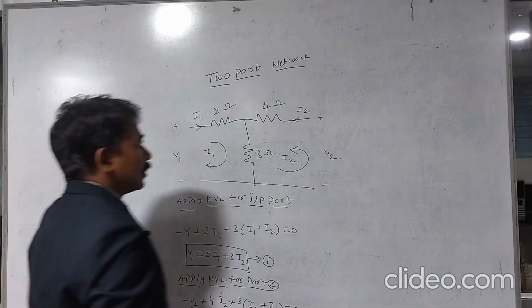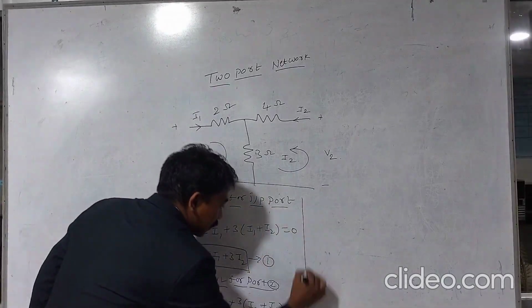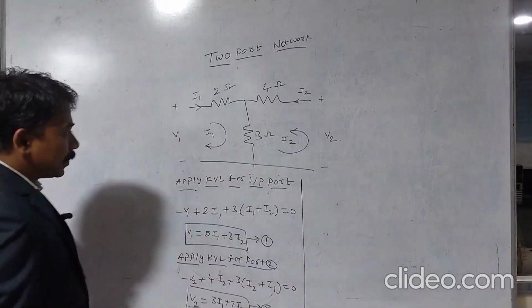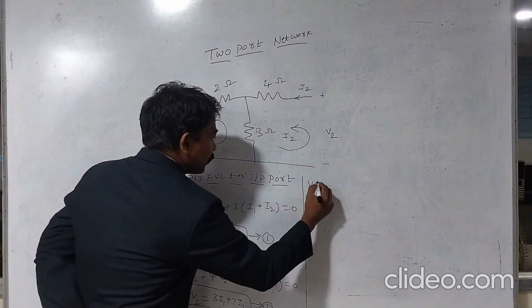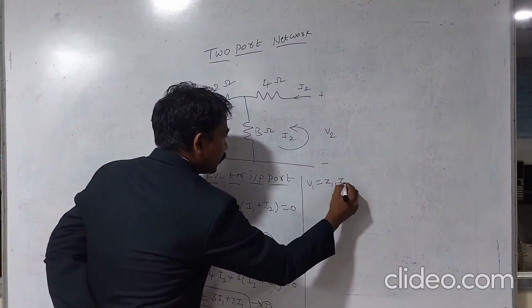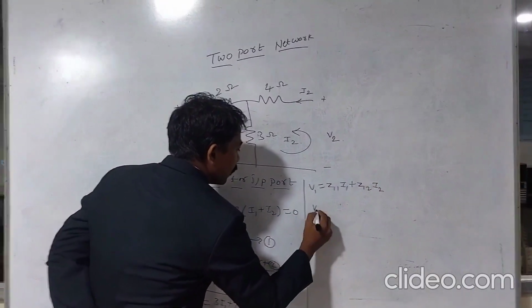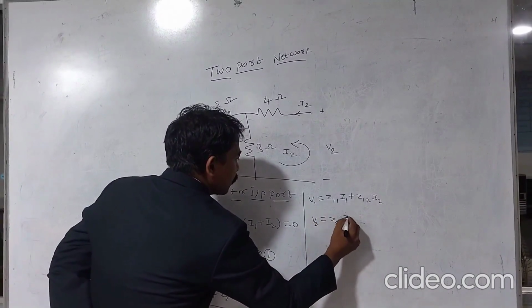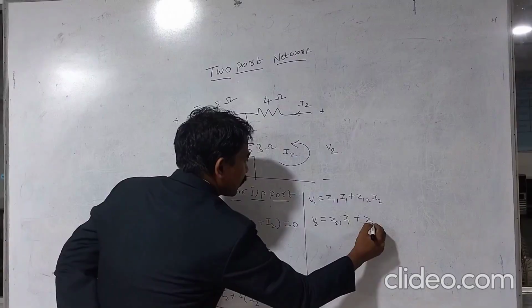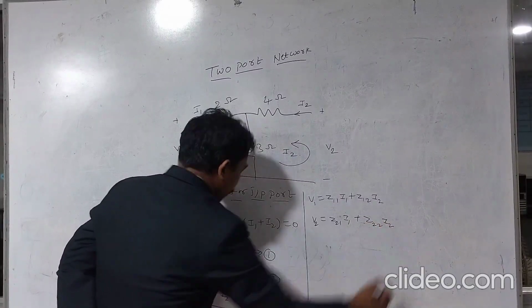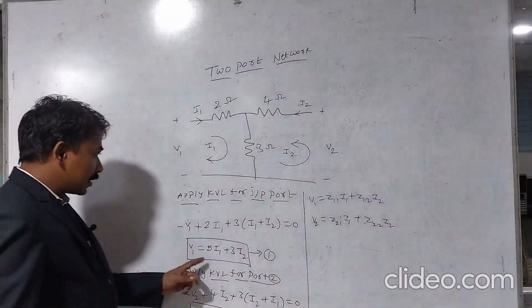So we know the generalized two-port network impedance parameter equations: V1 equal to Z11 I1 plus Z12 I2, V2 equal to Z21 I1 plus Z22 I2. Now you can make the comparison with the first equation.